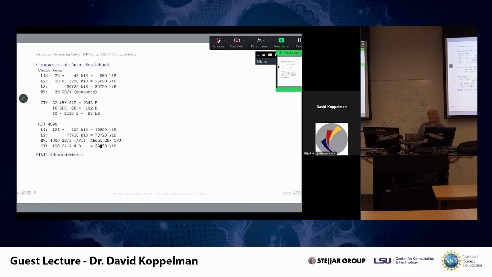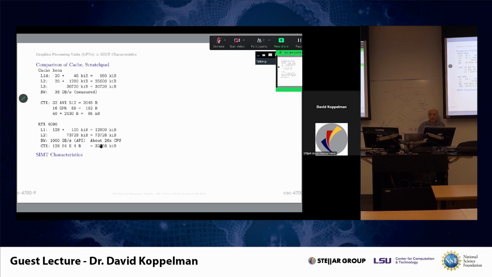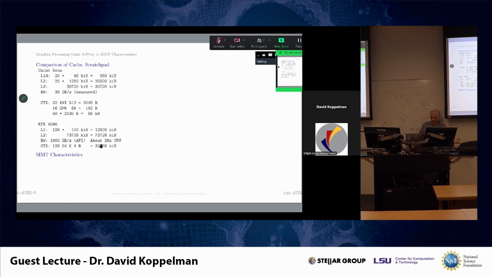The cache might seem like it's generous, but if you have all of those operations going on at the same time, it's not. It's actually about 10 times tighter than in a CPU. So that's the other important difference, a massive parallelism and the pressure on data.